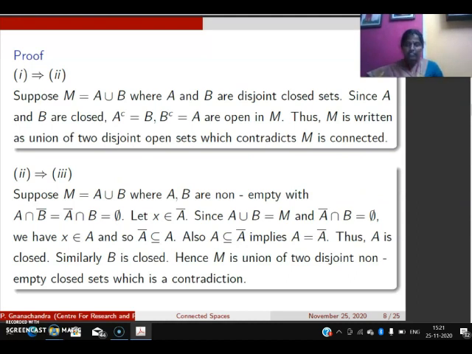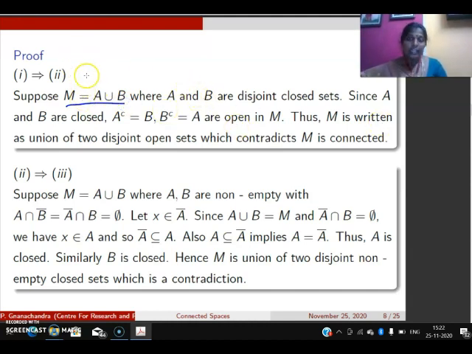First, I assume that M is connected. How to prove that M cannot be written as the union of two non-empty disjoint closed sets? Now I am going to write M equals A union B, where A and B are disjoint closed sets.